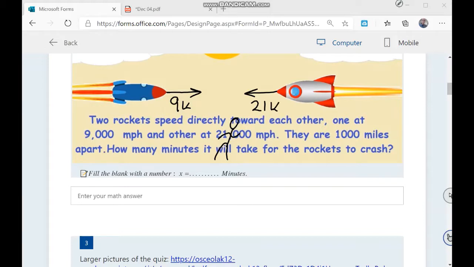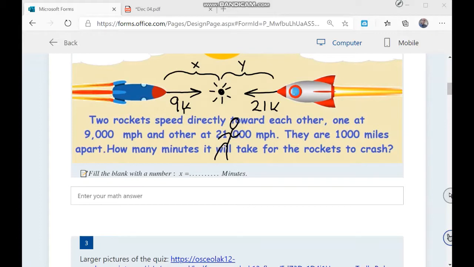That's what you see, right? And you can solve it using a system of linear equations, because the rockets are going to crash at this point. You can say this is x, this is y, and x plus y is 1,000. You can find a system of linear equations here.